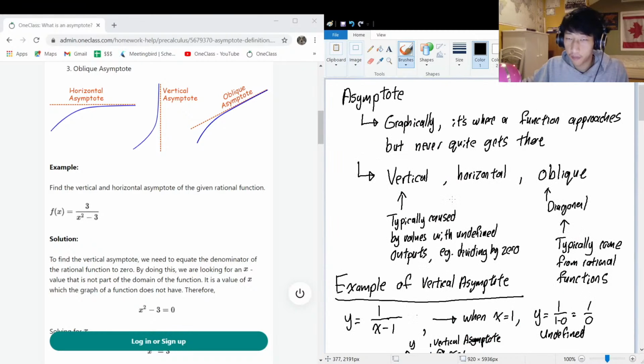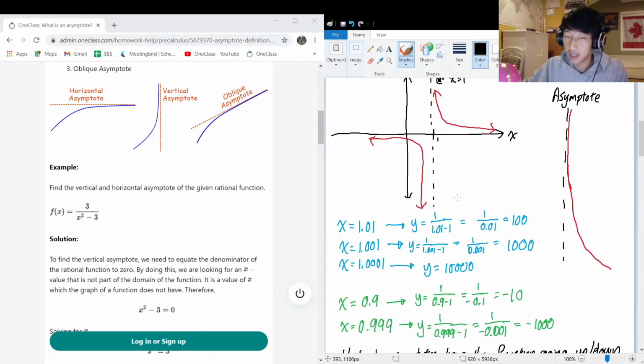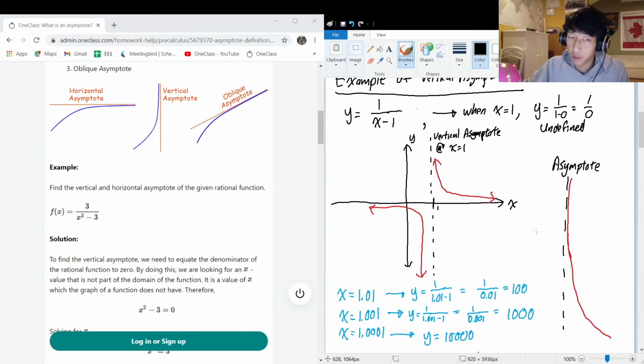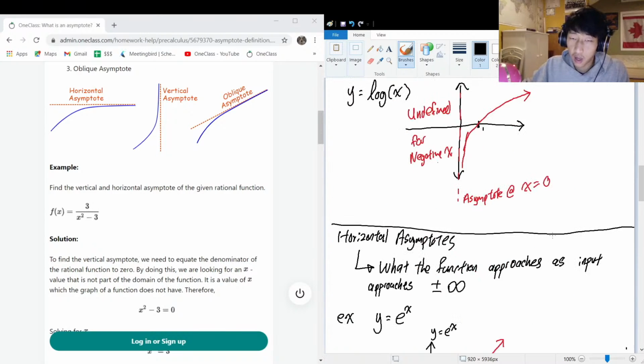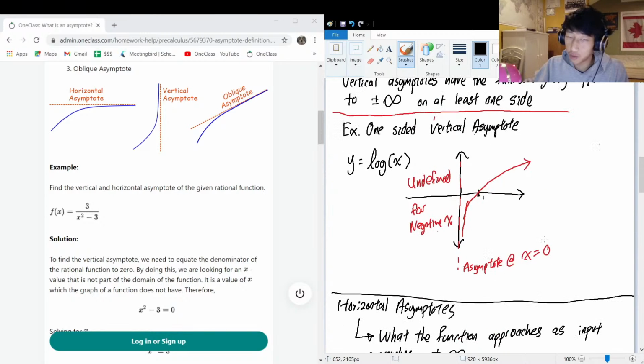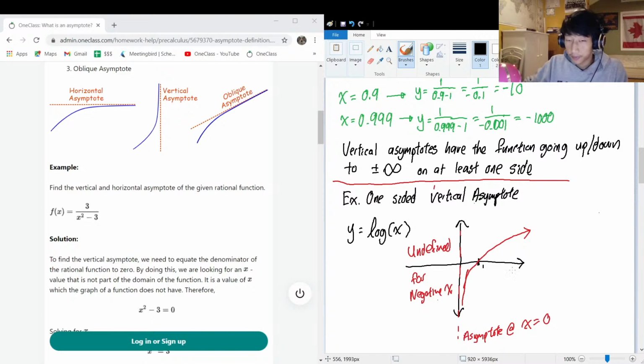Vertical asymptotes come from where the function is not allowed to have that particular input, typically caused by divide by 0 or logarithms. They could be two-sided or one-sided. Horizontal asymptotes are what the function approaches towards negative infinity or positive infinity. If you sub in really big, deeply positive and deeply negative numbers, you can find them quite easily.